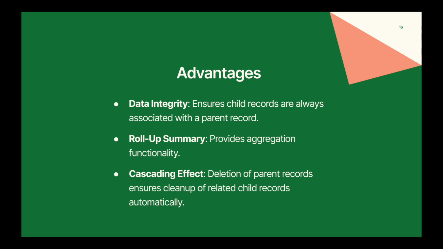The con is of course that they need to be deleted altogether, but it's also a pro that all records are associated with their parent record. Then roll up summary fields, which provide aggregation functionalities such as sum, average, maximum, minimum, count. Then next is the cascading effect. That is the deletion we just discussed: the deletion of parent records ensures the cleanup of related child records.